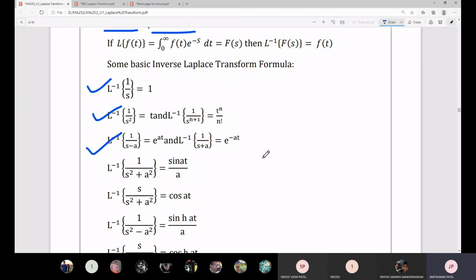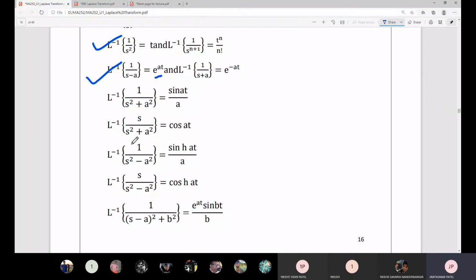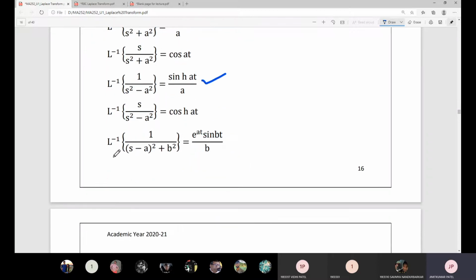Laplace inverse of 1 upon s minus a is e raised to at. Laplace inverse of 1 upon s square plus a square is sin at by a. Laplace inverse of s upon s square plus a square is cos at. Laplace inverse of 1 upon s square minus a square means sin hyperbolic at by a. Laplace inverse of s upon s square minus a square means cos hyperbolic at.